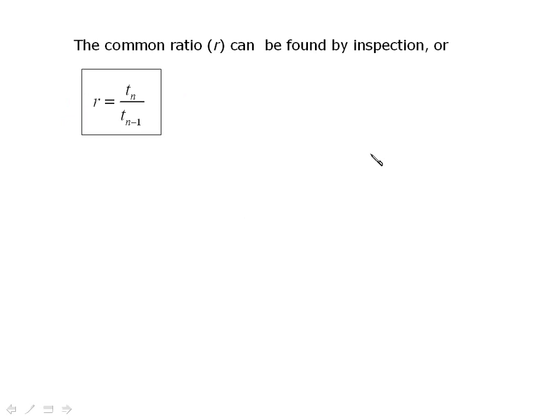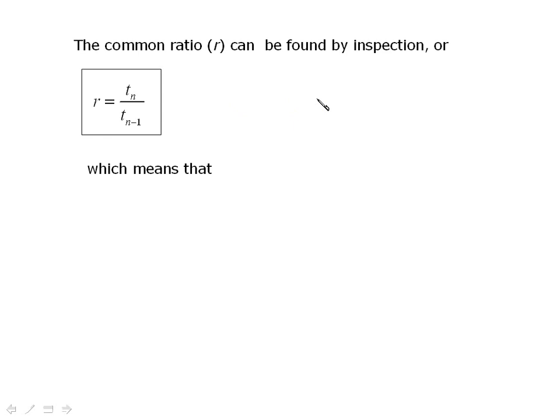And the formula, it's not a really sophisticated formula, is just the nth term, any term, divided by the term before it. And that's what it means. Those refer to consecutive terms. So Tn divided by Tn minus 1, just consecutive terms.